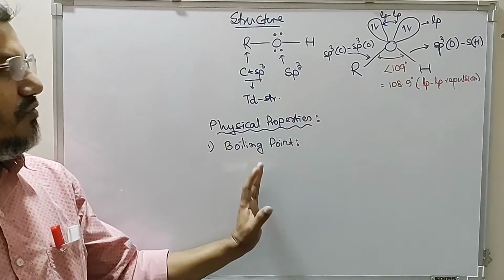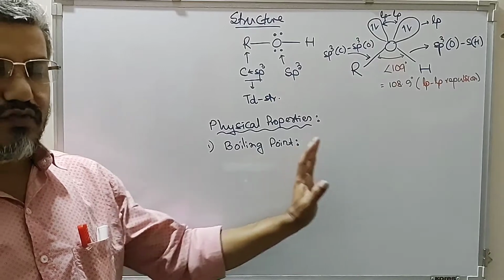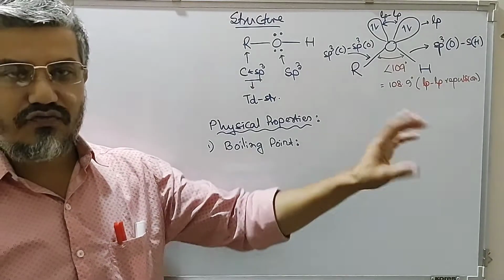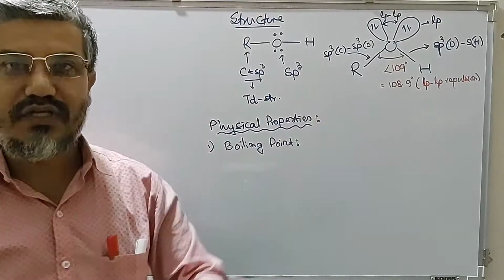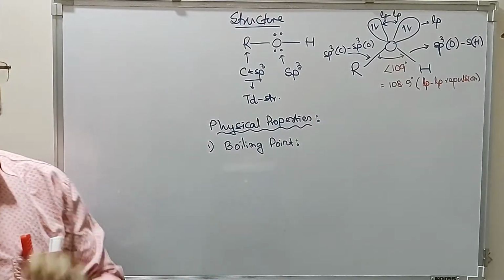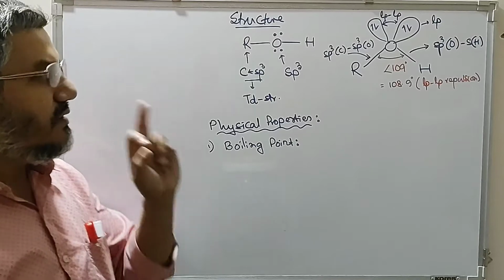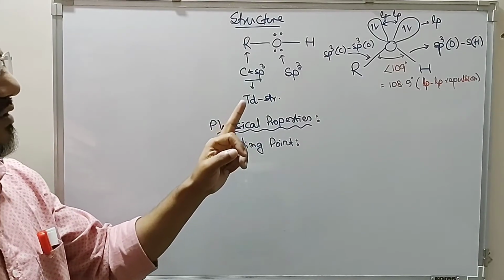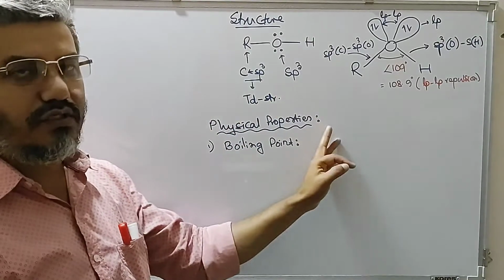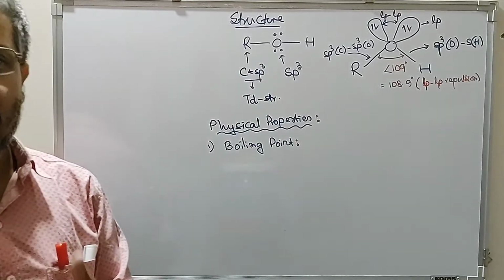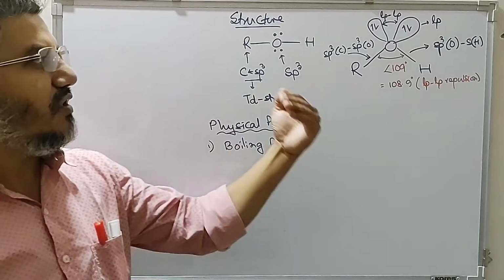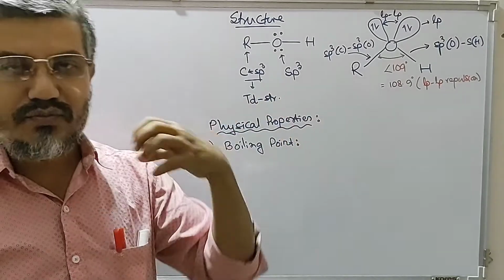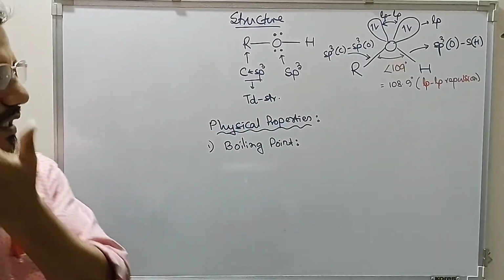The boiling point of alcohols is generally higher than those of haloalkanes or hydrocarbons having similar molecular mass. The reason being, these alcohols are associated through intermolecular hydrogen bond. So because of this intermolecular hydrogen bond, the boiling points of alcohols are generally high.